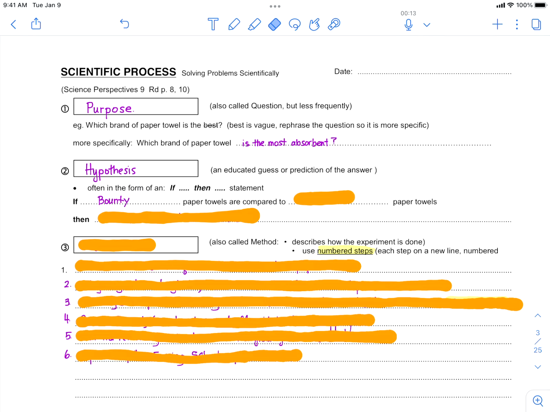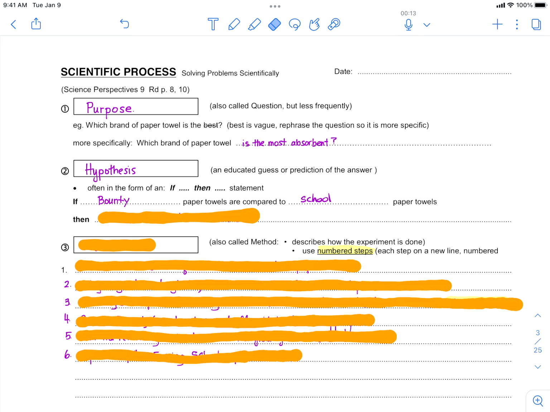So if Bounty brand paper towels are compared to our school paper towels, which is a no-name brand, then, so here's the if Bounty paper towels are compared to school paper towels, and now here's the then, what do we think?